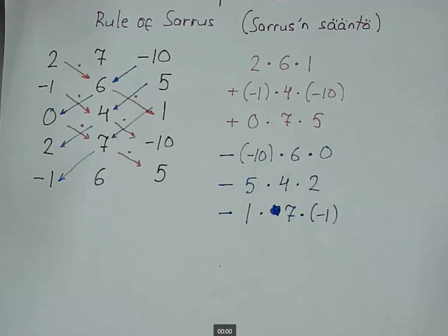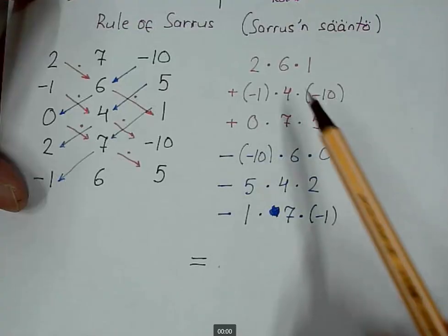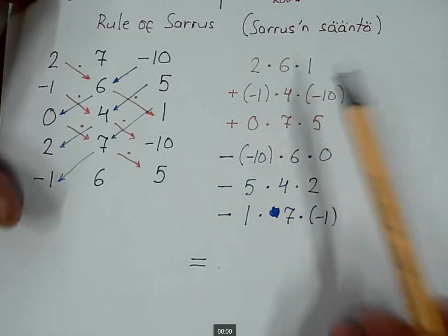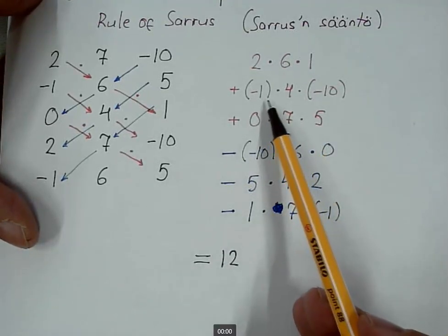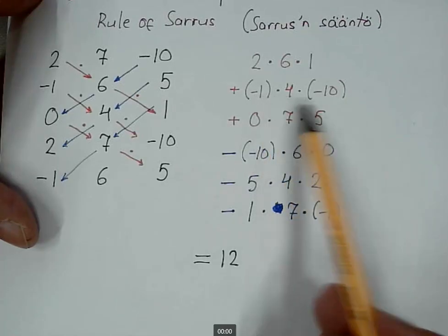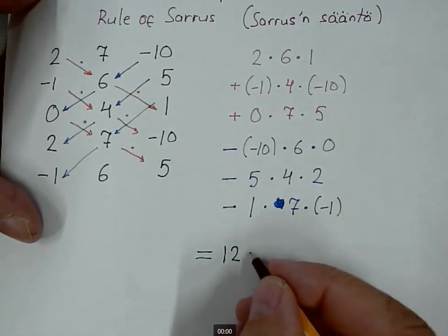So what will we get? This will give us 12. This will give us 40, and there are 2 minus signs, so it will be positive number. It is plus 40.